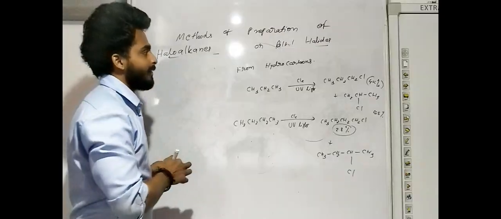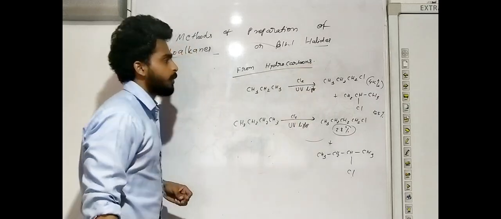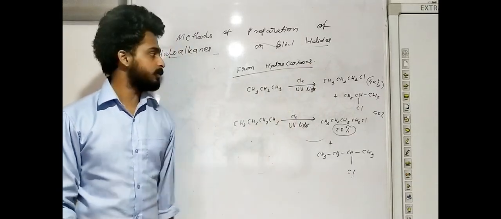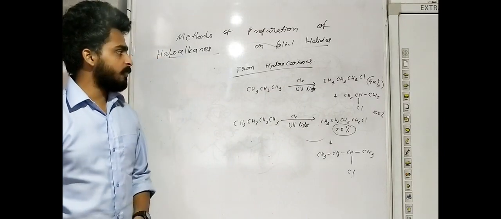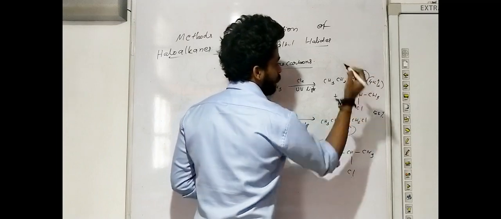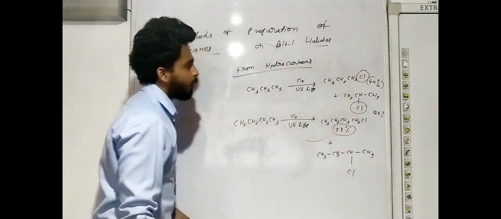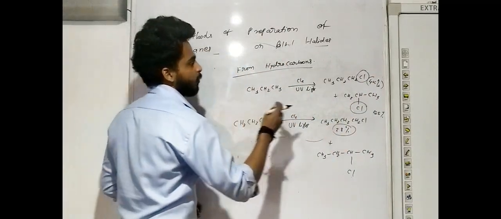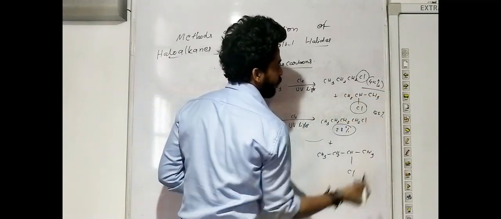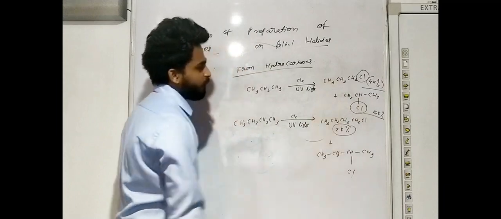Next one is from hydrocarbons. How can you convert a hydrocarbon to a carbon-chlorine compound? By using Cl2 and UV light. This is an example of a free radical reaction. Here we are getting 1-chloro and here we are getting 2-chloro products. Why is this 40%, 45%, and this 55%?